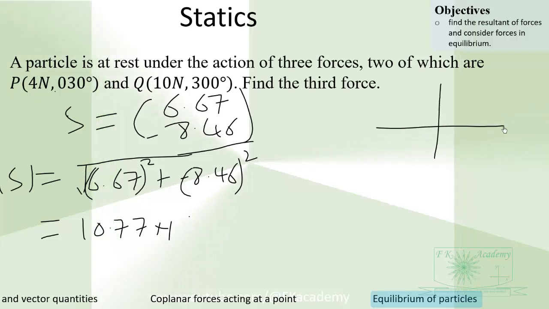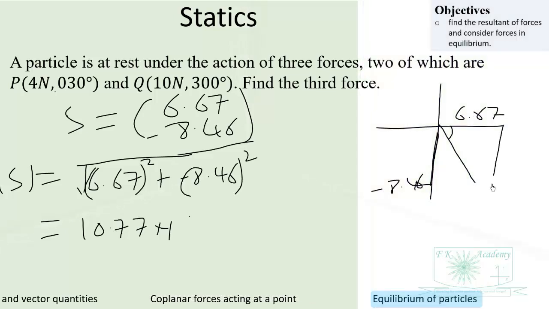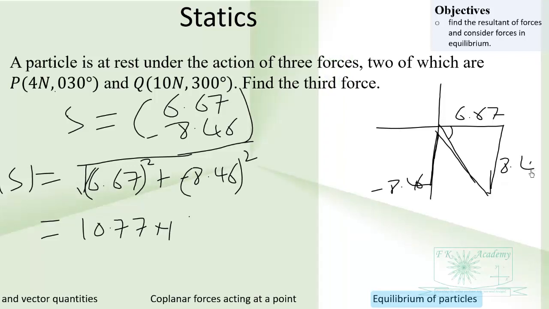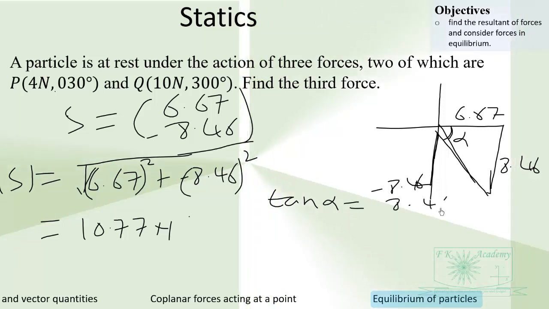Then we need to find the direction. So the direction, the force will be in this quadrant here. So we are finding this angle because we had negative 8.46, which is somewhere here. Then we had 6.67, which is somewhere here. So when we trace this, we have 8.46 here. So the angle here, let it be alpha. Tan alpha will be equal to opposite, which is 8.46 over 6.67.